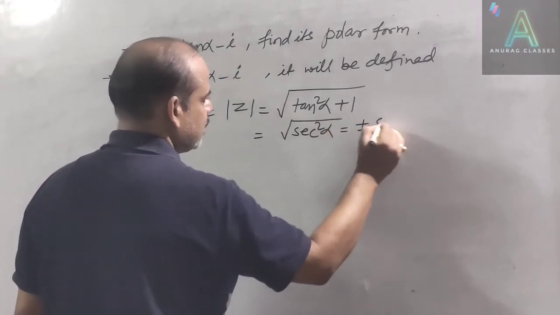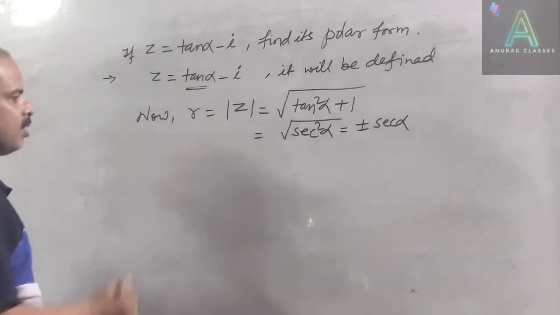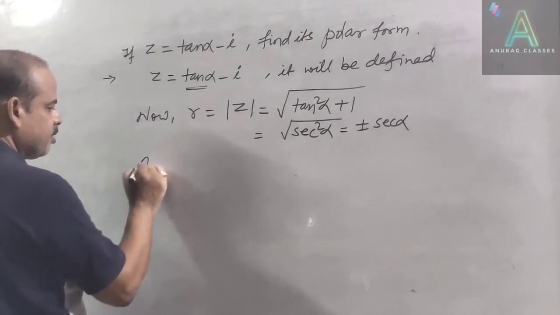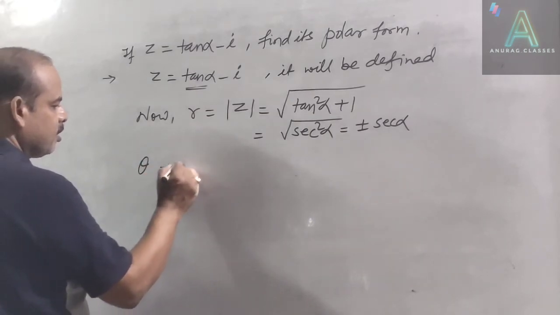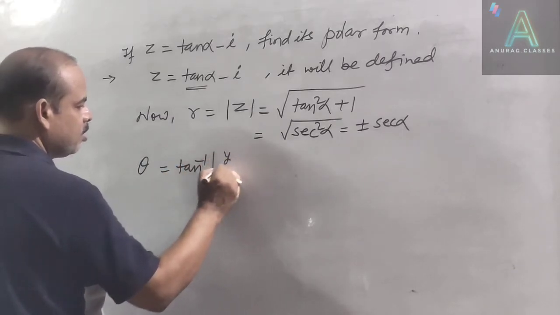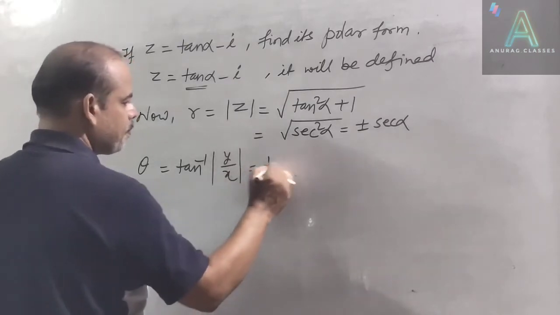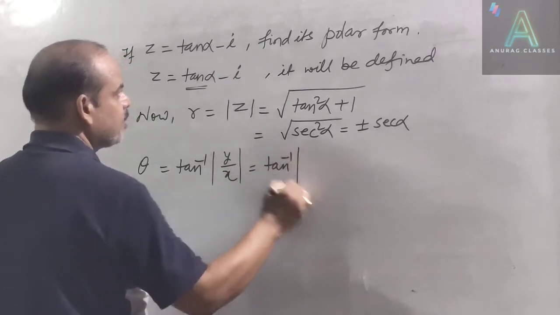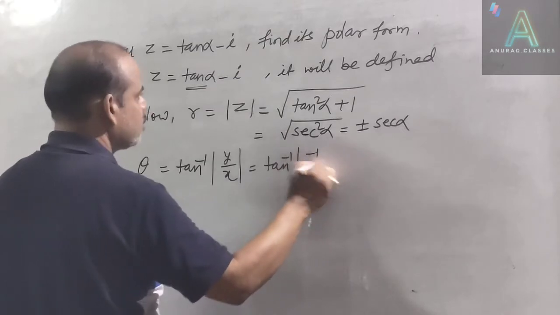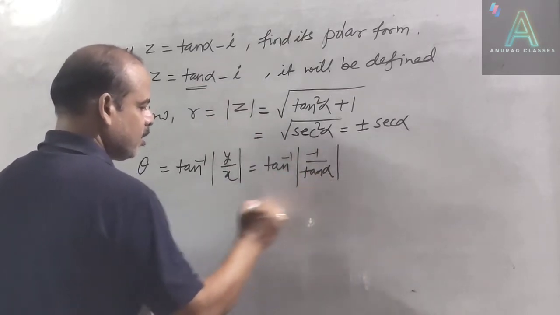So plus minus sec alpha is the value of mod z. Now try to find theta. Theta is tan inverse mod y by x. So tan inverse, the value of y is -1, x is tan alpha.